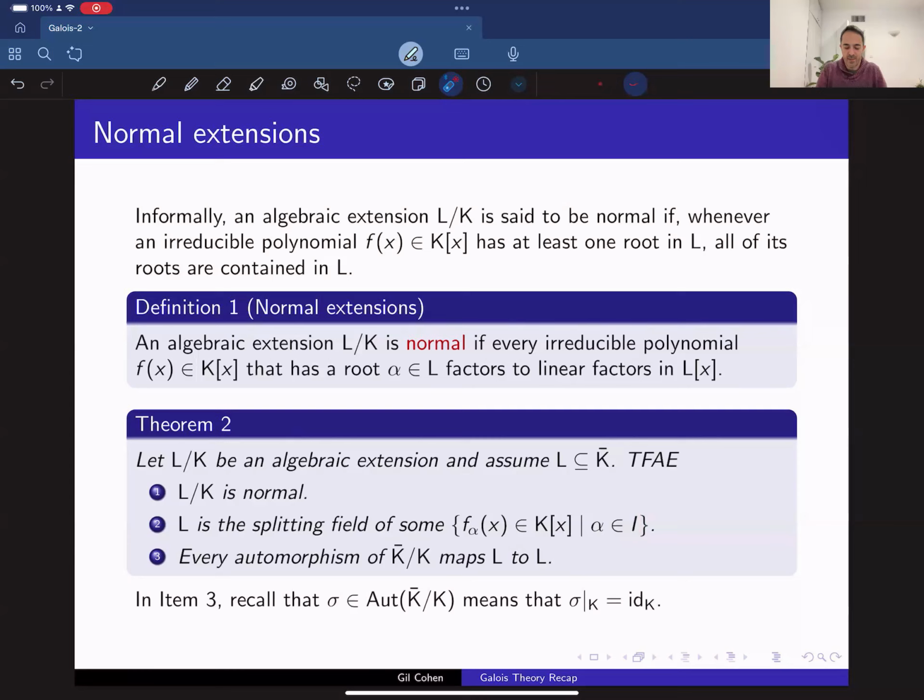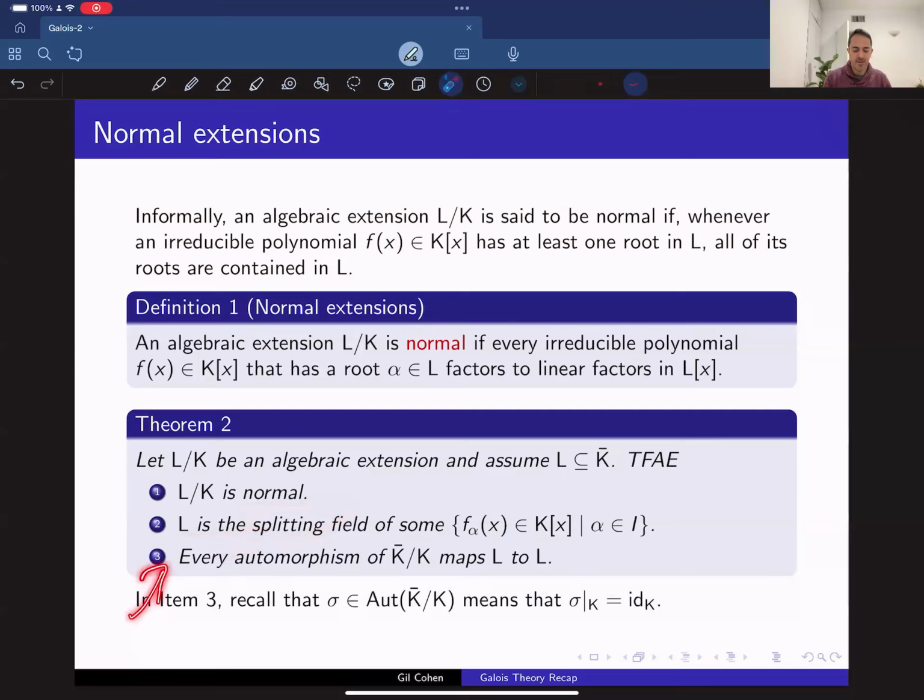Alpha is not an element, it's just a name for the polynomial. This is usually easy to verify. It's hard to work with this to verify. And so this is the splitting field describing it.